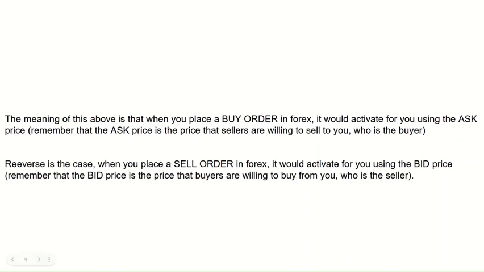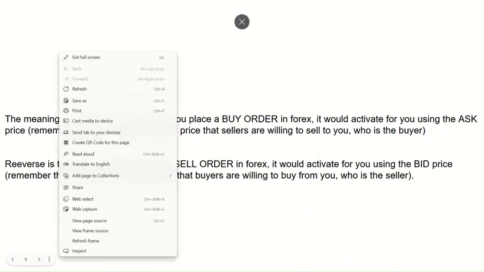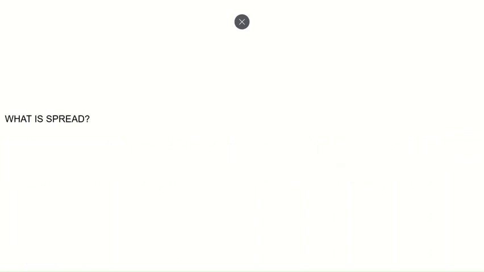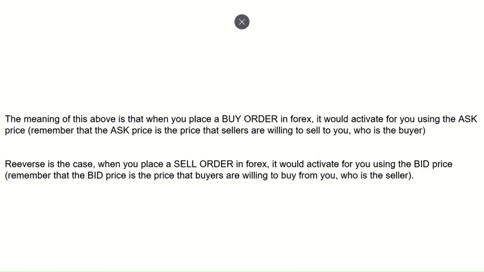The reverse is the case when you place a sell order in forex. It will activate for you using the bid price. Remember that the bid price is the price that buyers are willing to buy from you, who is the seller. So if you're in the forex market and you want to place a sell order, now you are the seller.